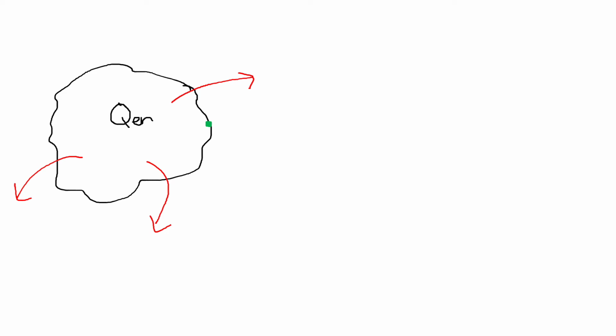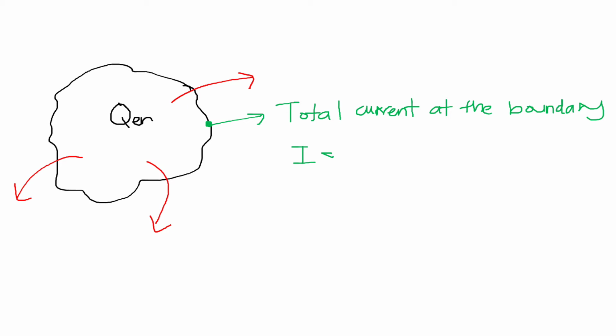So I can write the total current at the boundary as equal to the closed integration of J dot ds.